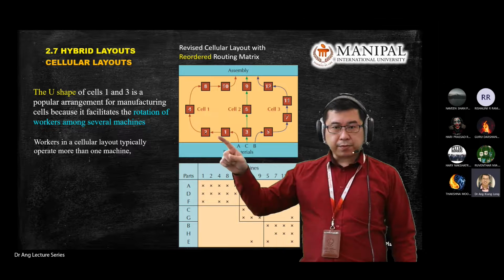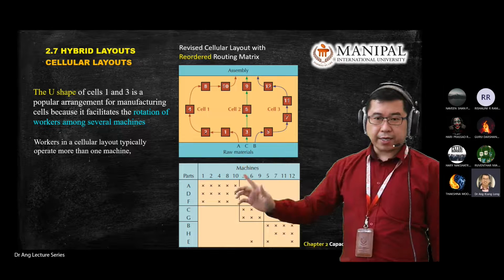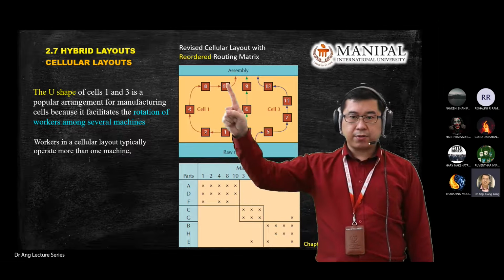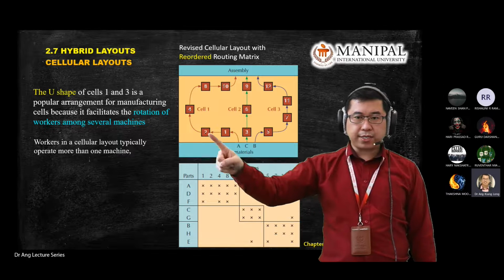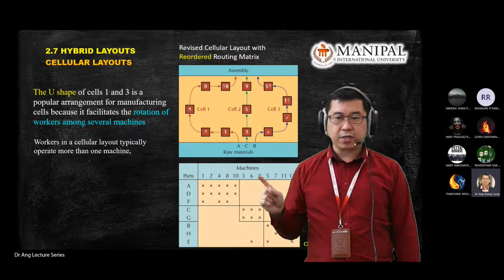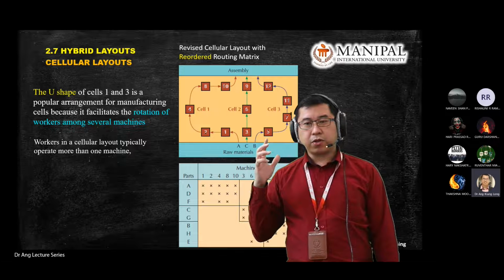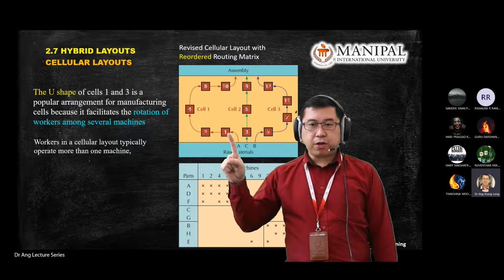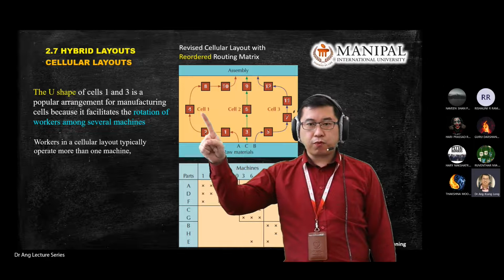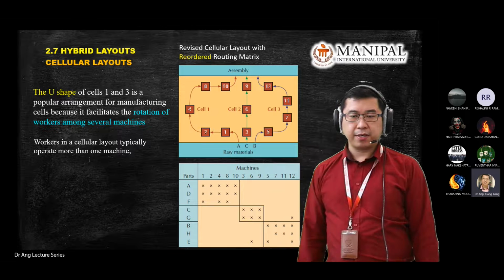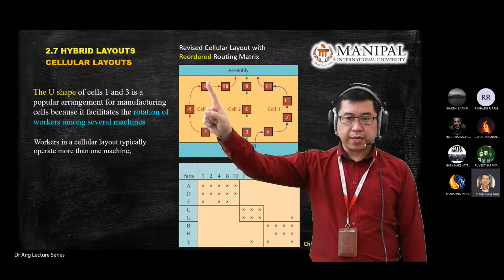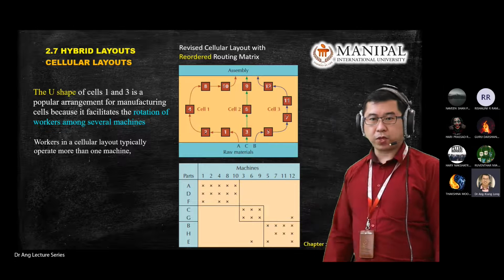And in the cellular layout again, if you are the worker that's stationed in this cell, normally the skill that you have, you can operate machine 1, 2, 4, 8, and number 10. Normally you have the skill to operate all the machines inside the cell in one go.